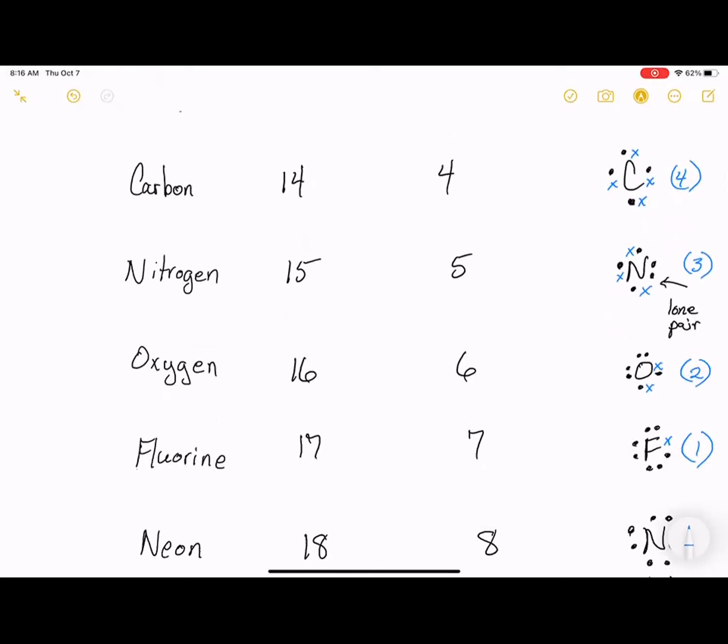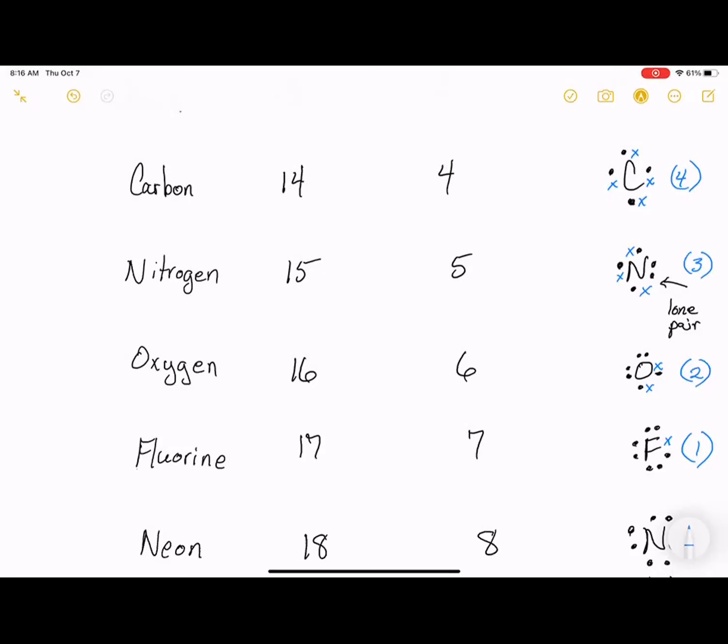So in other words, when we make an ionic compound that contains nitride or phosphide, because they're both in group 15, you can guarantee that you're going to get 3 electrons transferred to that element. Anytime we have oxide or sulfide or selenide, you can guarantee that it's going to absorb 2 electrons in order to get to an octet.